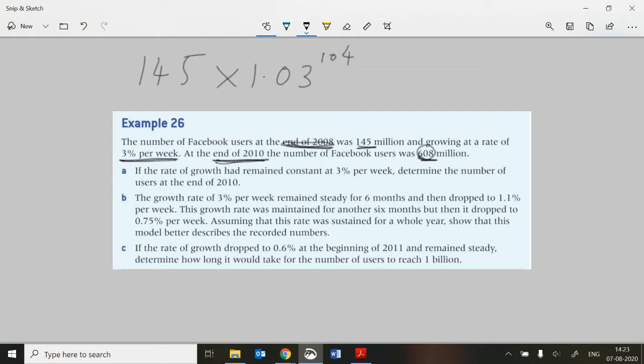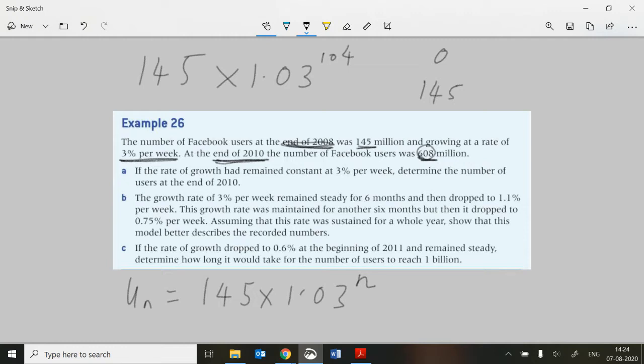Now, I haven't set up a function here. I haven't set up un equals, although I could do. I could say this is un equals 145 times 1.03 to the power of n. Now, that's slightly different to the normal geometric sequences because normally we would write n minus 1. But in this case, the 145 is in week 0.